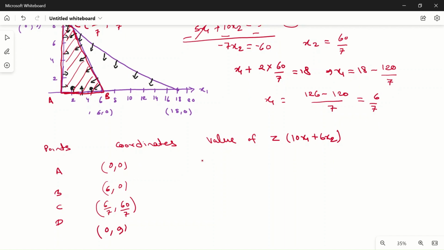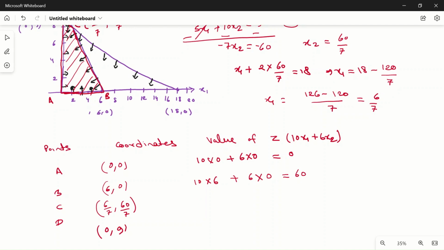So the value of Z at A will be 10 into 0 plus 6 into 0, which is equal to 0. At B, it will be 10 into 6 plus 6 into 0, which is 60.